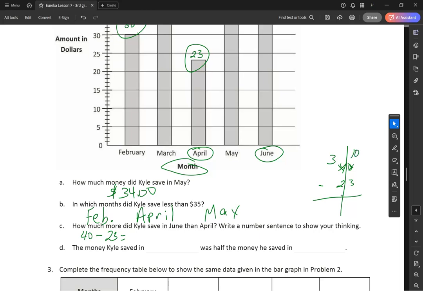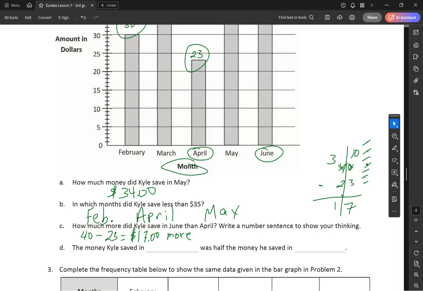I can count up. 3, 4, 5, 6, 7, 8, 9, 10. 1, 2, 3, 4, 5, 6, 7. 3, 1, 1. So he saved $17 more.